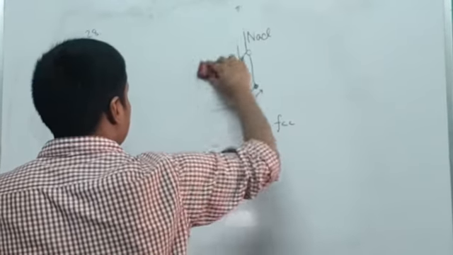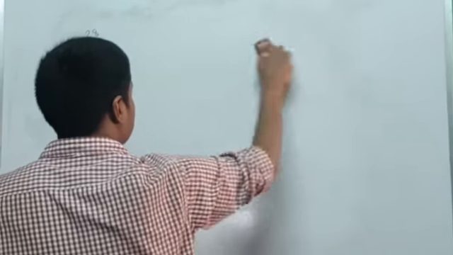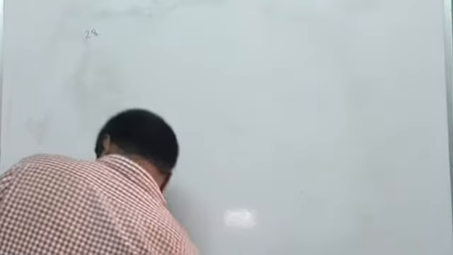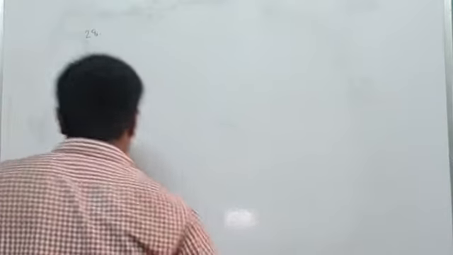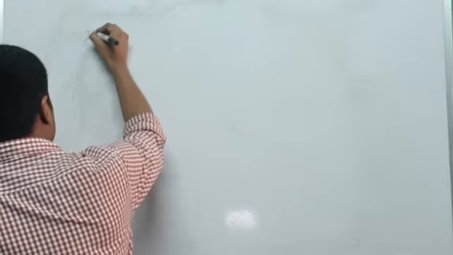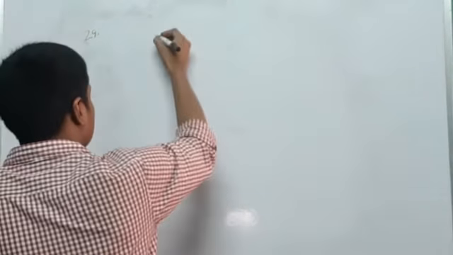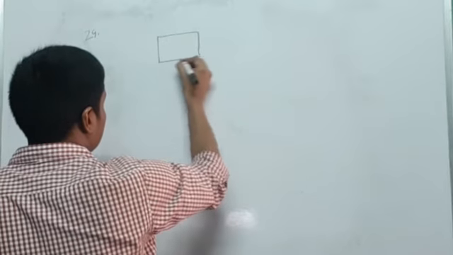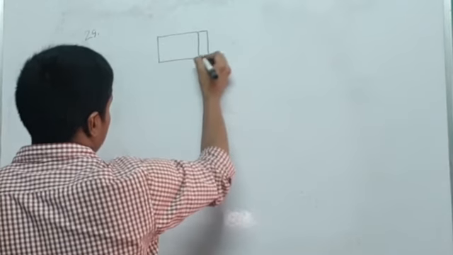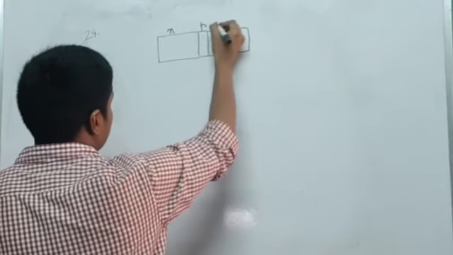Let us now move on to problem number 29. Problem number 29 is on solid state physics as well, but this time from transistors. It asks us to consider an NPN transistor.